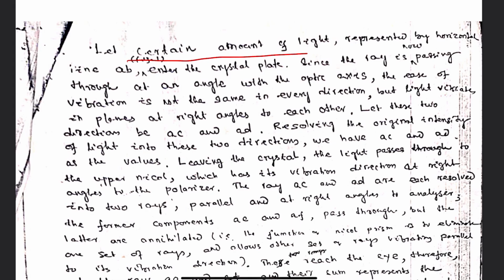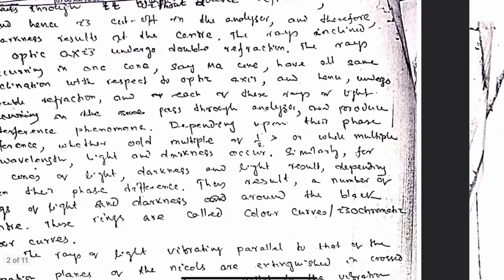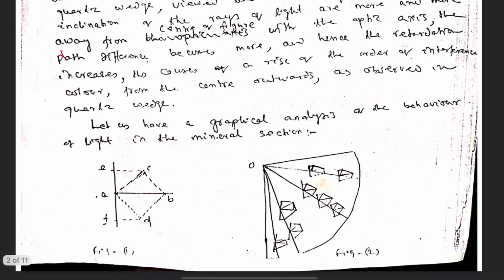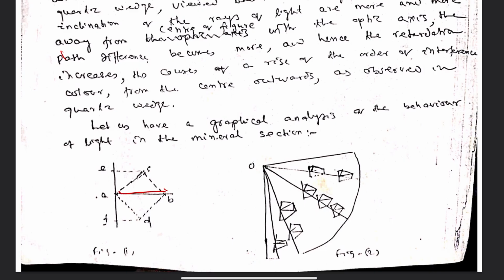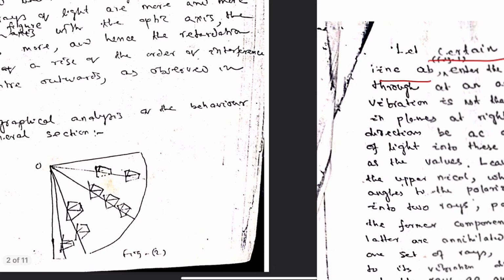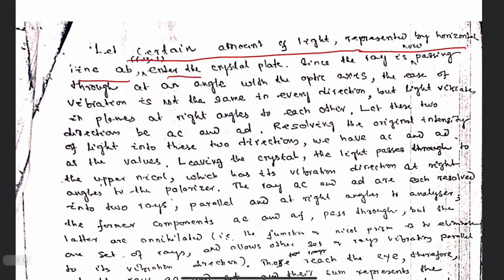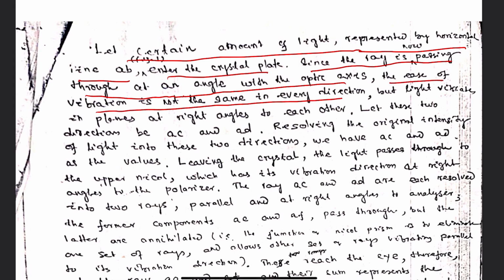Let a certain amount of light be represented by the horizontal line AB. This is the horizontal line OAB which is coming from the polarizer and entering the crystal plate on the stage. Since the ray is now passing through the mineral at an angle with the optic axis, it will suffer double refraction.